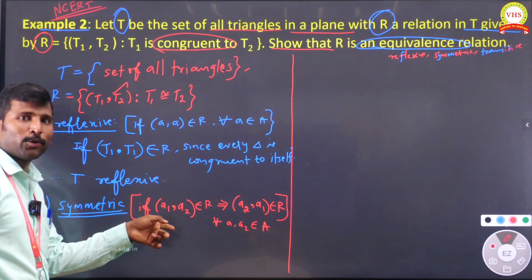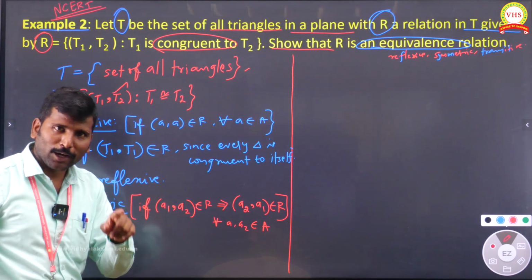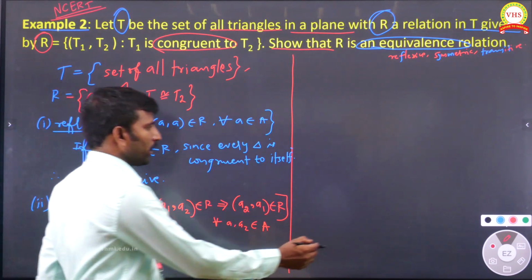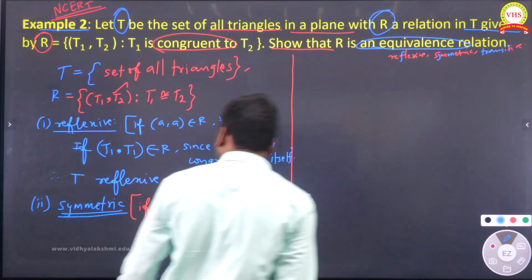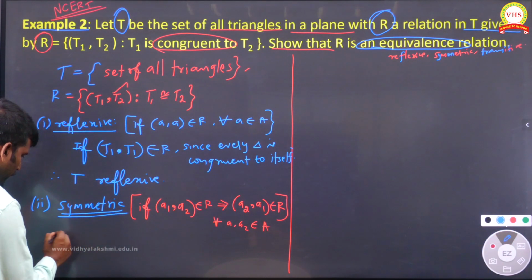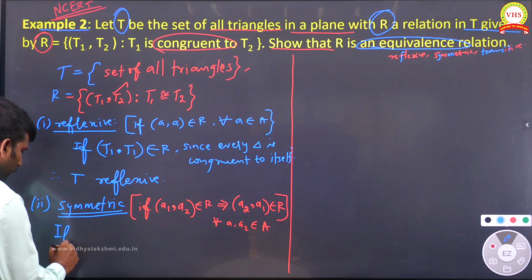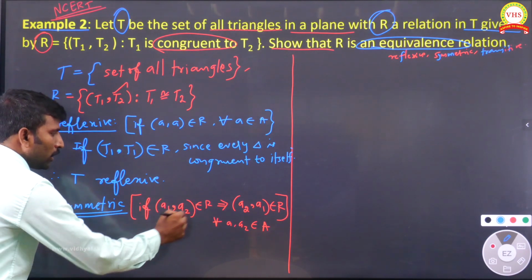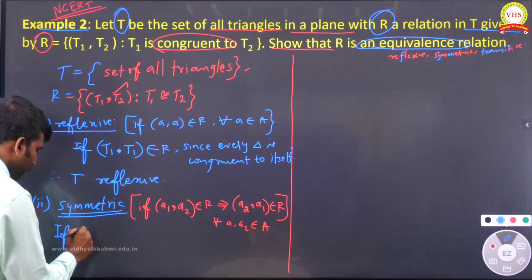Now let's check this. Instead of A1, A2, we have to use what here? Triangle 1 and triangle 2. Don't forget. Okay. So first of all, we take the if condition, that the first two things belong to R. T1, T2 belongs to R we are taking. What is the meaning of belongs to R? If it satisfies the concurrent rule, then only it belongs to R. Otherwise it does not. Understand? Right.